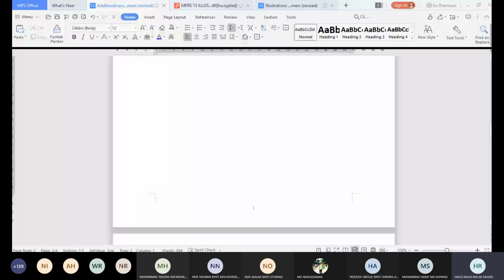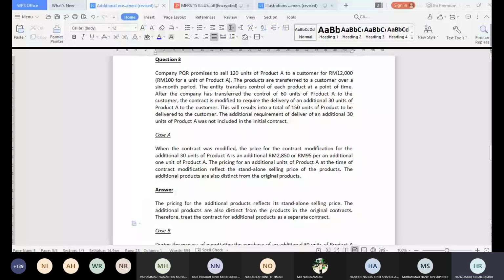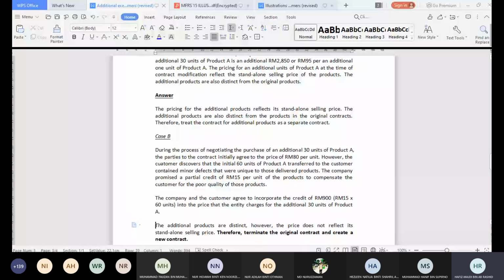Different from case A, in case B, during the process of negotiating the purchase of an additional 30 units of product A, the parties to the contract initially agree that the price will be 80 ringgit per unit. If it just stopped there, this 80 ringgit would be a stand-alone selling price.